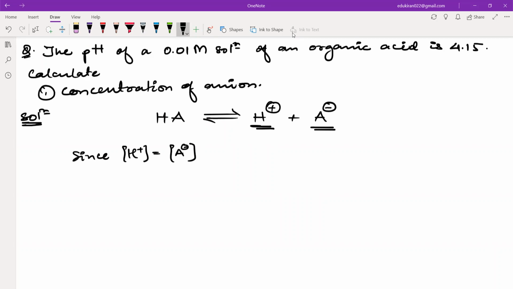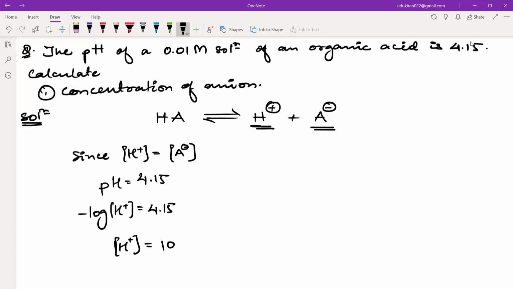So pH is given as 4.15. So you will write minus log of H plus is equal to 4.15. So the concentration of H plus will be equal to 10 to the power of minus 4.15. I hope you guys can understand this now. I am not writing all these steps.